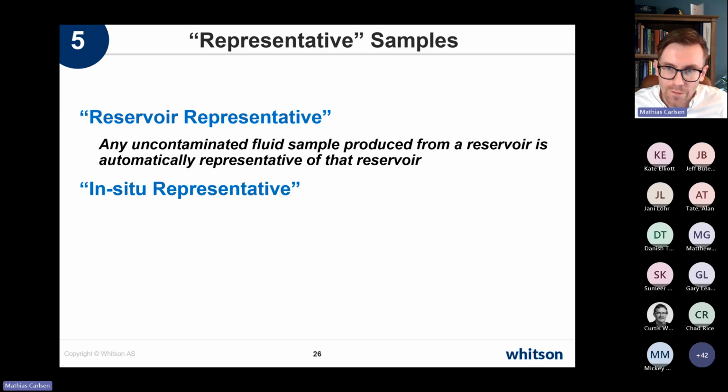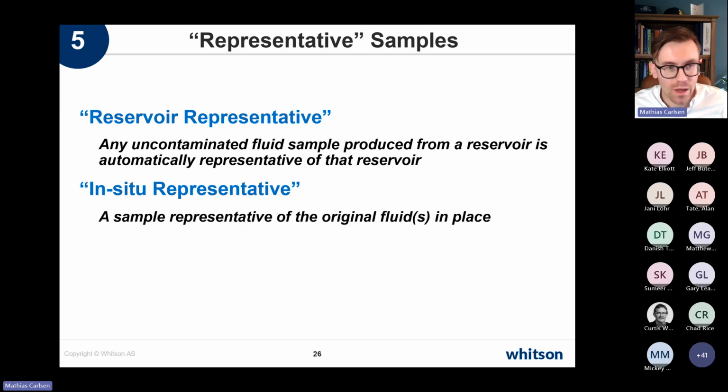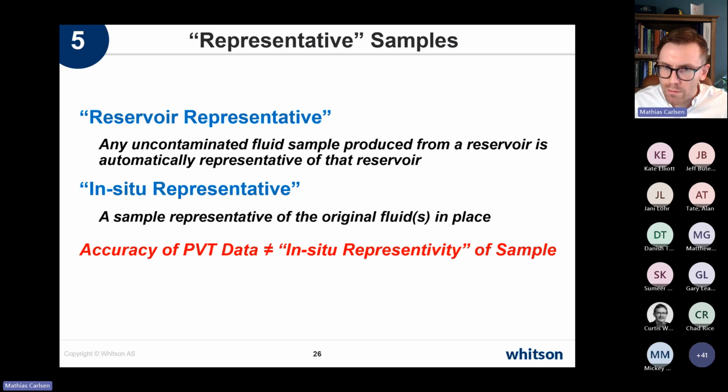The second thing is what we define as in situ representative fluid samples. And that is a sample that's representative of the original fluids in place. And here, a lot of people think that the accuracy of PVT data, when you bring it to the lab, is related to whether the sample is in situ representative or not. And that's not true. We'll talk much more about that later in the class today.